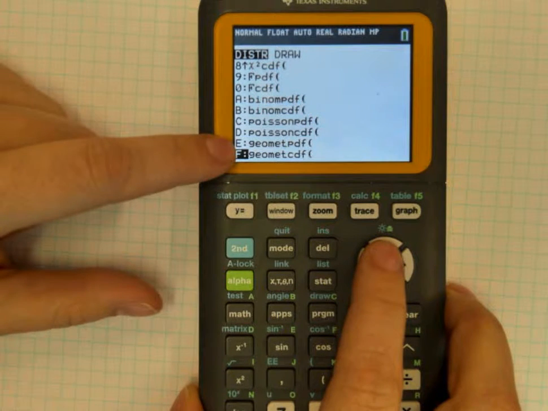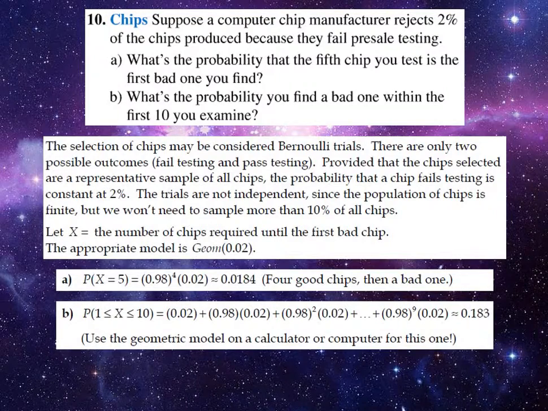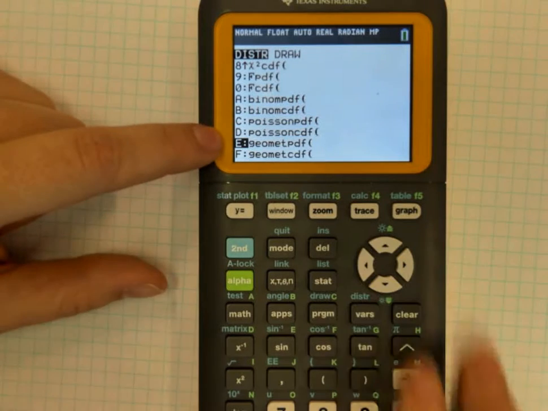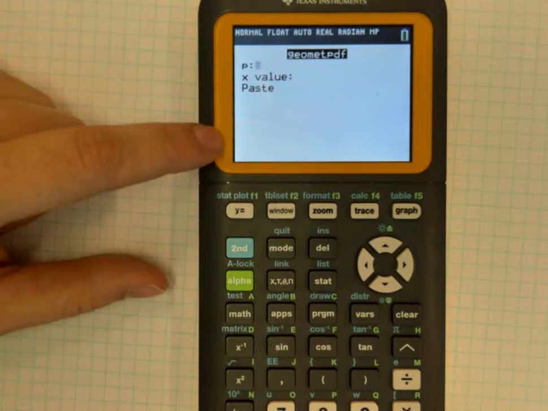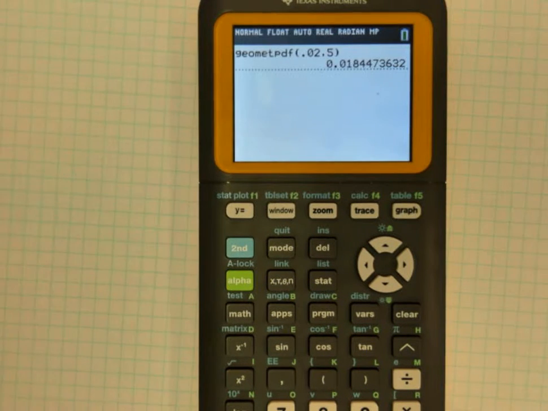PDF stands for one specific outcome. Okay? That's what we were talking about here, where we're saying, okay, what is the probability the 5th chip you test is the first bad one you find? Well, the probability of getting that bad one is 0.02. So I'd go to my calculator, and I'd say I'm just doing one possible. Probability is 0.02. I want it to occur on the 5th one. And there it goes. It'll do the math for you.